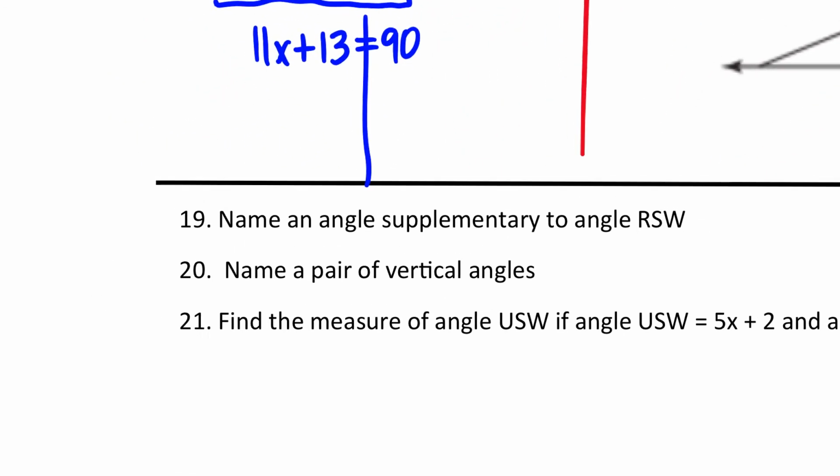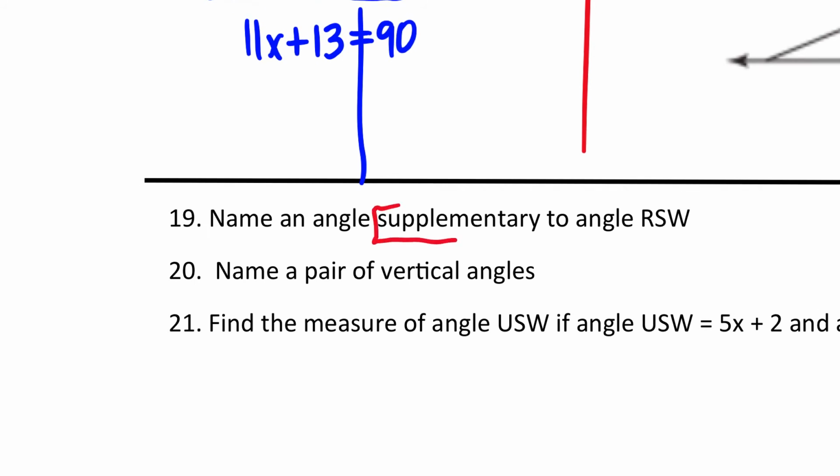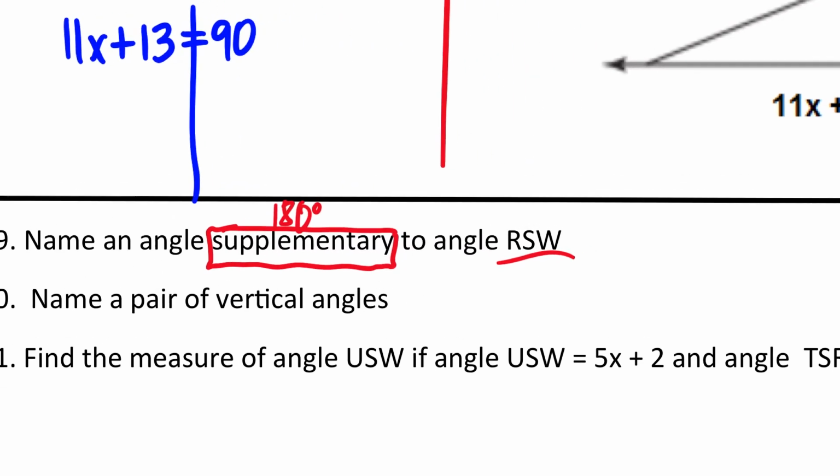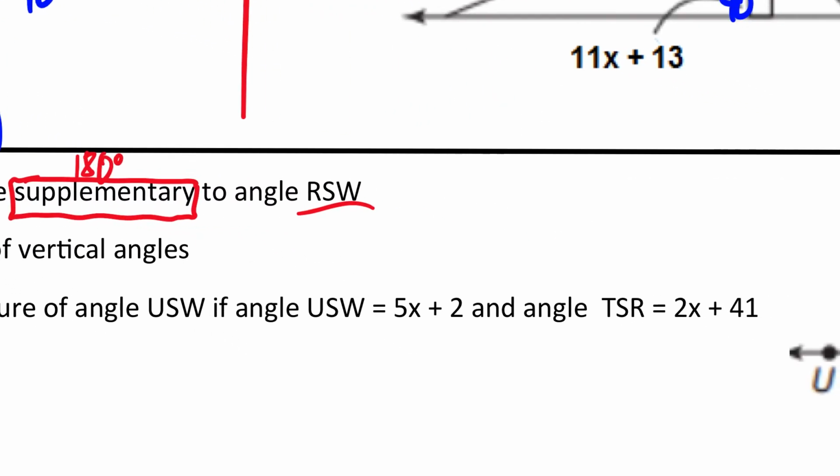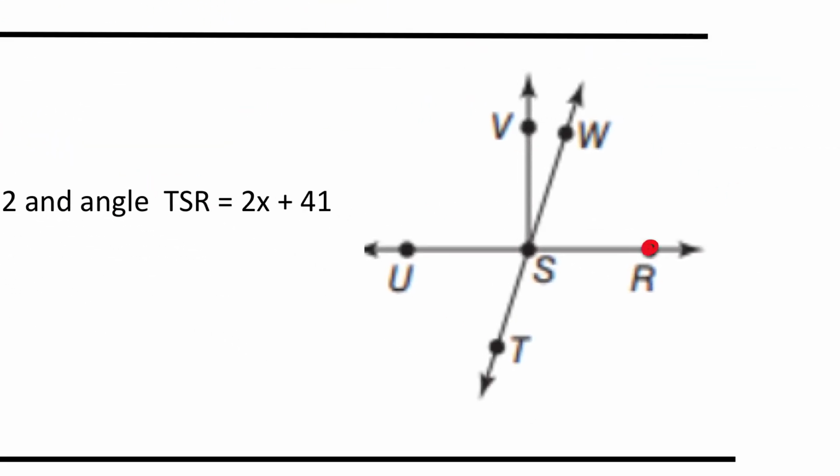Okay, number 19 says name an angle that's supplementary to RSW. So what does supplementary mean? They add up to 180. Okay? So name an angle that's supplementary to angle RSW. Or in other words, the other angle we're going to pick and RSW make 180. Okay, so let's look at that. RSW is this angle right here. Okay, so TSR would work.